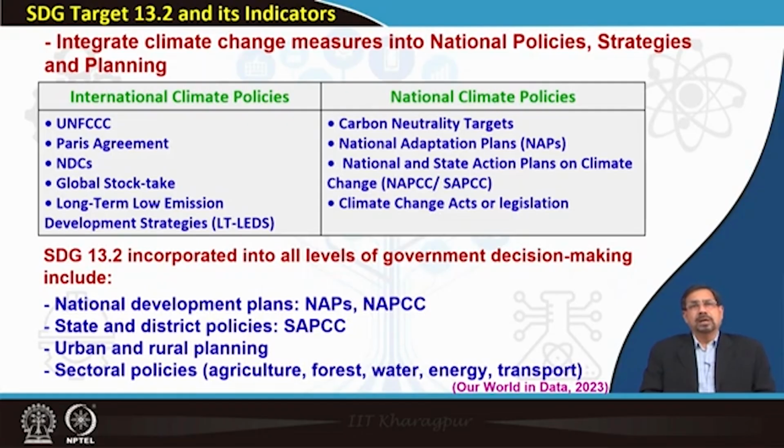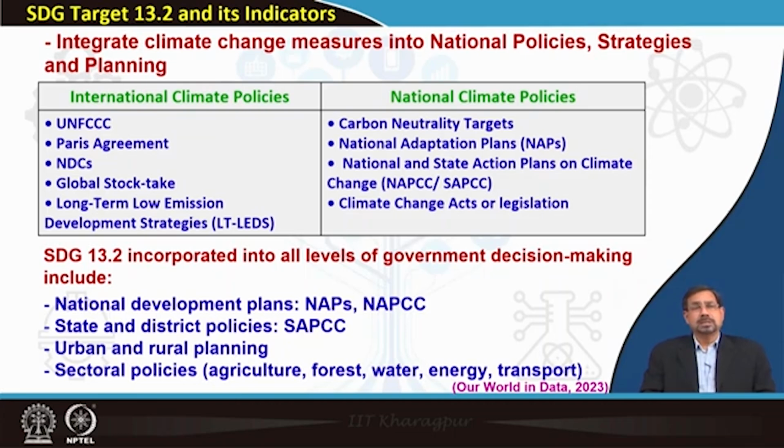So, what are the international climate policies and national climate level policies? On the left hand side of this box, we can see a lot of international climate policies being complied under different frameworks. One is the United Nations Framework Convention on Climate Change.